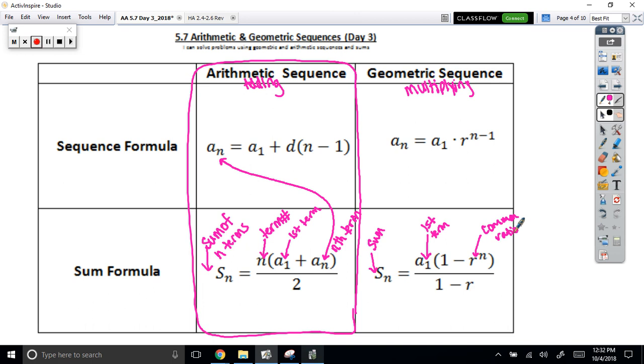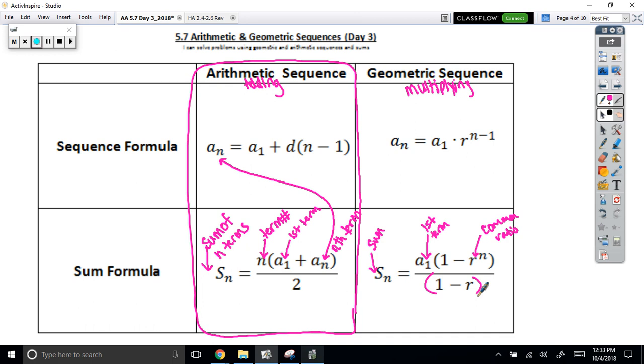You may want to put parentheses around the denominator in case you put it all in your calculator. If you put it all in one line of work without doing separate pieces, you do need to group that denominator. So you may want to add that in on your formula sheet just so you're safe.